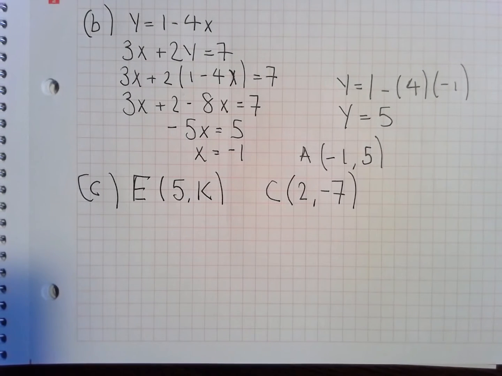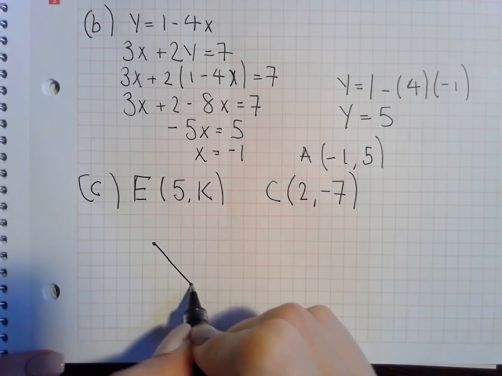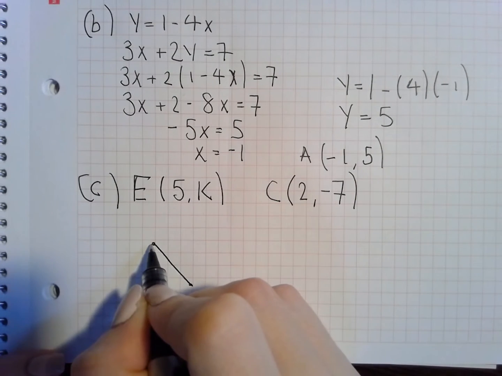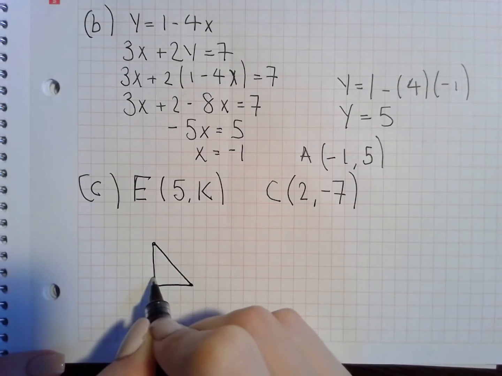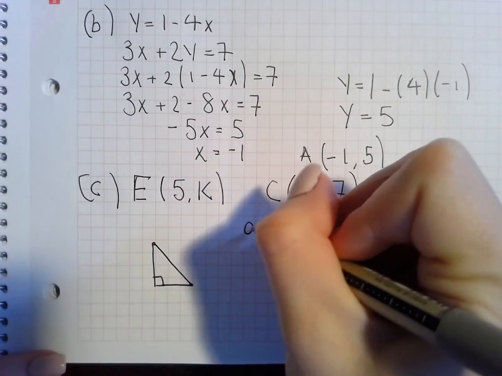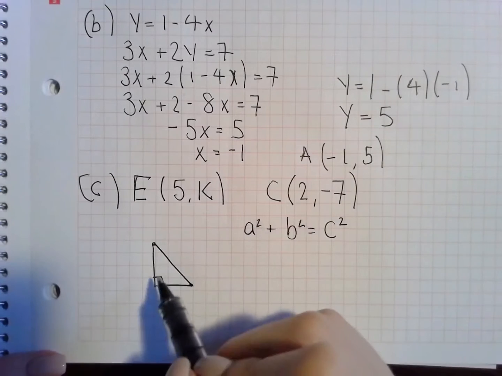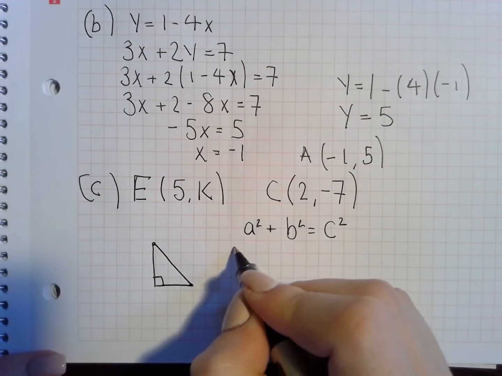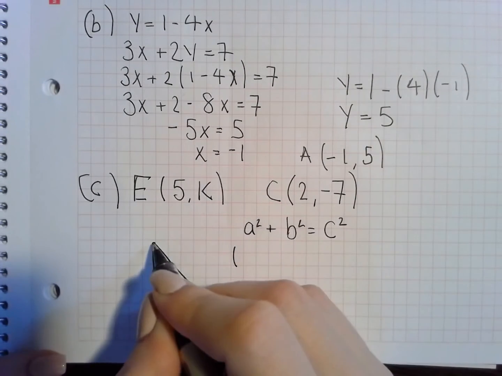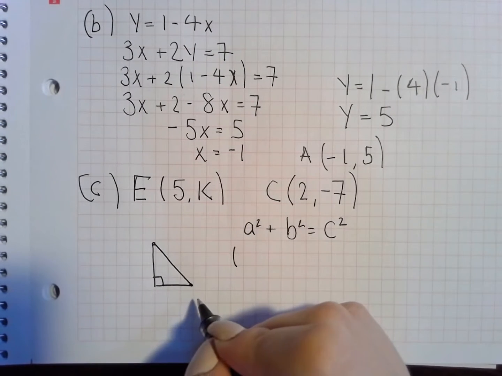So to find the length between 2 points, you have a point here and a point here, and this is the line. You need to do Pythagoras to find the hypotenuse, if that makes sense. So like a squared plus b squared equals c squared. So the a squared is the difference in x.